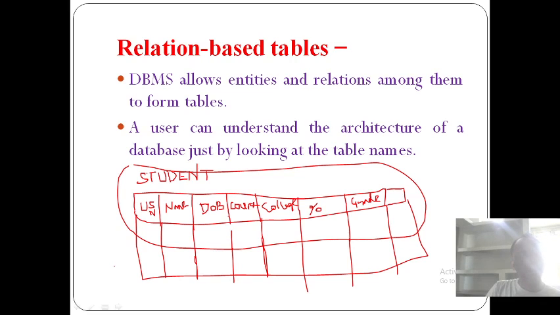See here, assume that there are two rows. This is row 1, this is row 2. Here there is a university seat number of a first student, here the first name of the student, and date of birth, the course he is doing and the college he is studying in, the percentage of that student, the grade he has earned, and the date of joining.